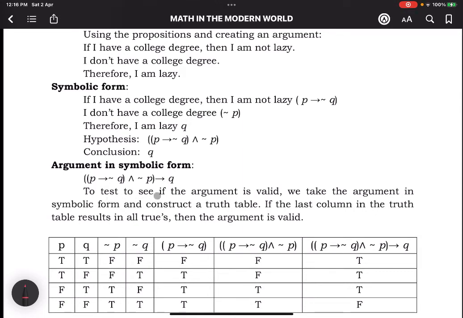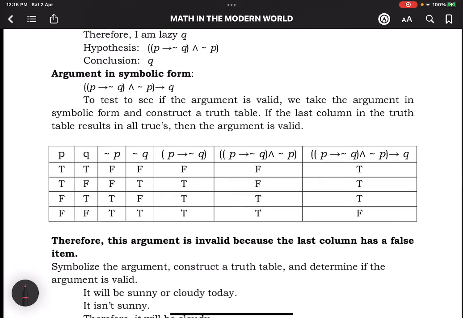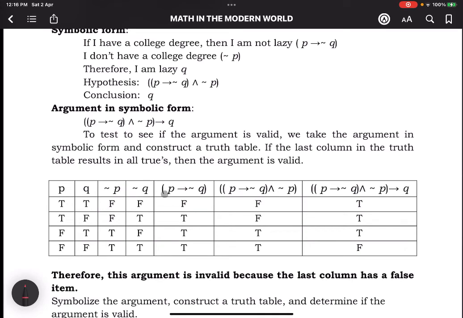So, to test to see if the argument is valid, we take the argument in symbolic form and construct a truth table. If the last column in the truth table results in all truths, then the argument is valid. So, we have the following premises and negated premises. And then we have the following evaluated result using our symbolic form.